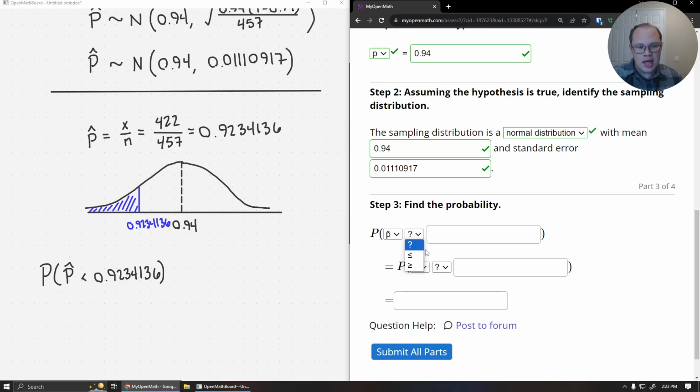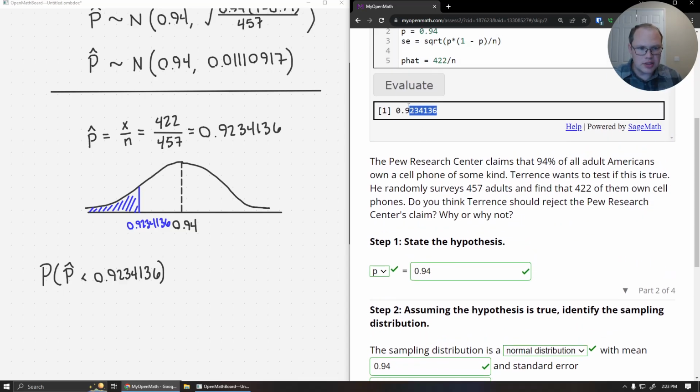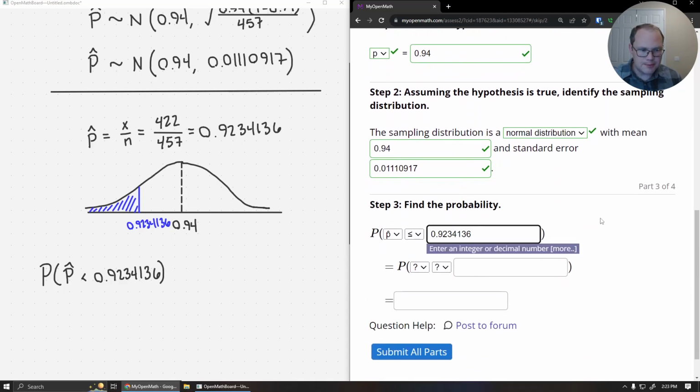We want less than or equal to. In the case of continuous probability density functions, they're the same, because the difference of a single value doesn't make a difference for the probability. So I'm just going to use less than or equal to, and then I use the sample proportion I calculated, my p hat.